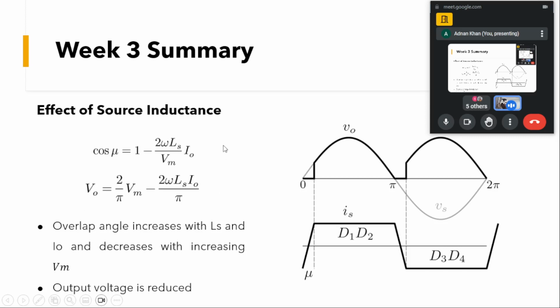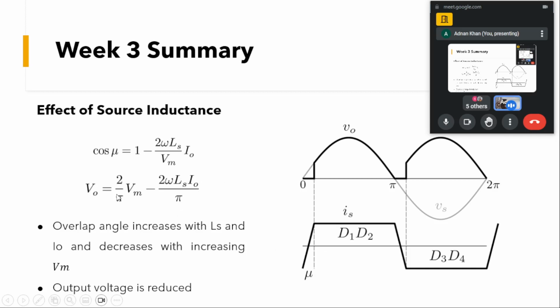You can deduce this from this top equation. Also, as I already told you, because of this zero portion in the output voltage, the output voltage will be reduced. You can see from the second equation, due to this overlap or commutation, the second term comes into being.